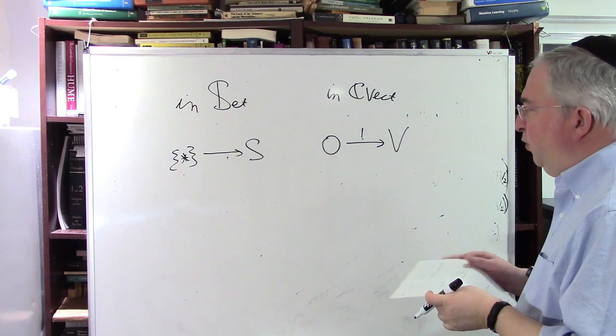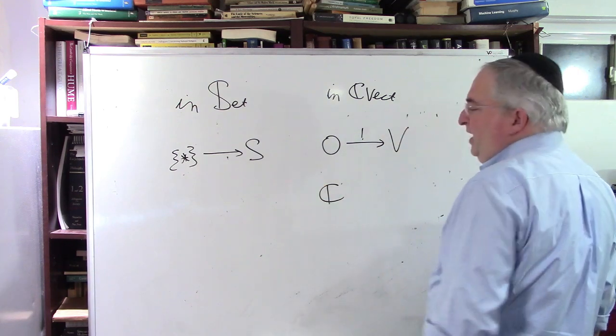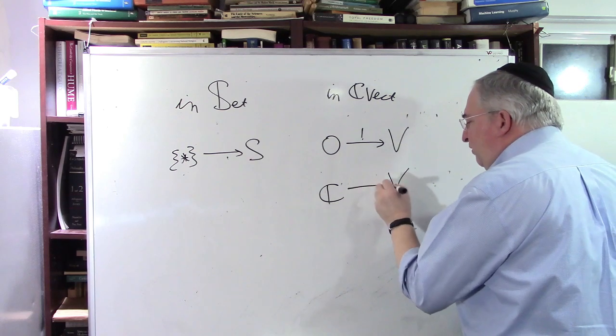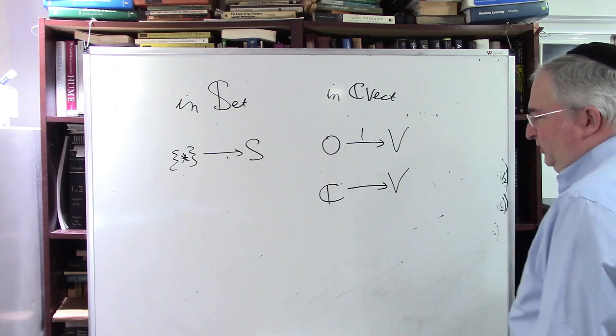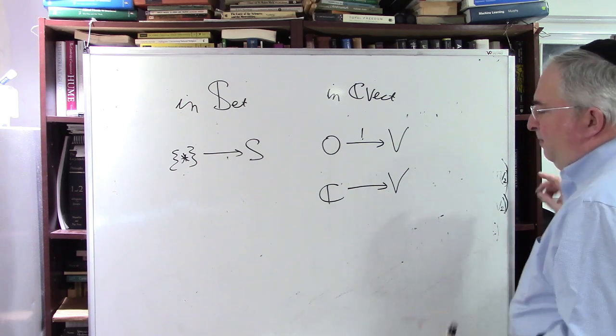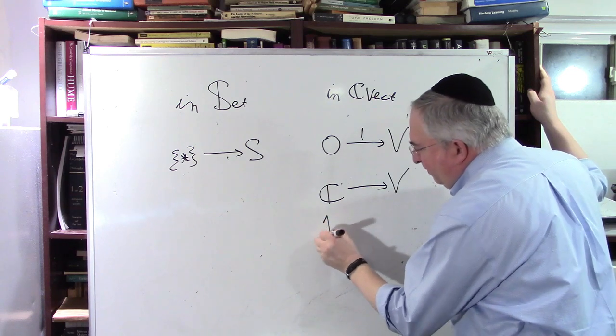Okay, let me show you what is more interesting. That's a complex vector space. There are a lot of different morphisms like this. Now, if you think about it, there's an element here, 1.